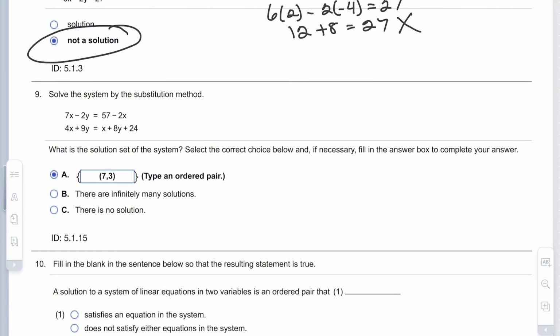And for the second one, you see it doesn't work, so it's not a solution.